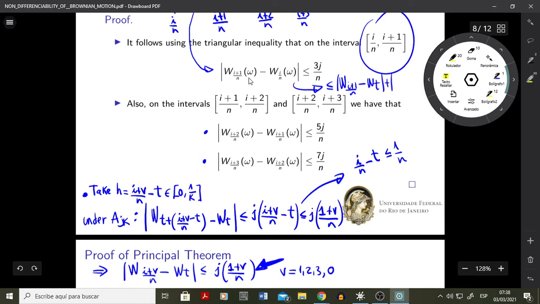Okay, and here we have this, and then you use this bound, this inequality. Okay, also here you use the triangular inequality, minus wt plus wt, and here minus wt plus wt.